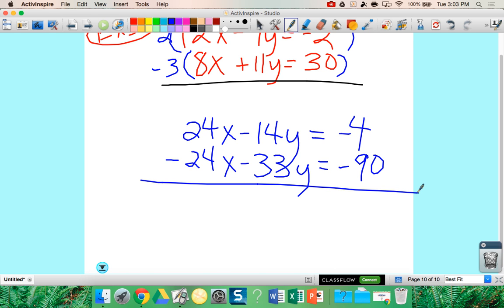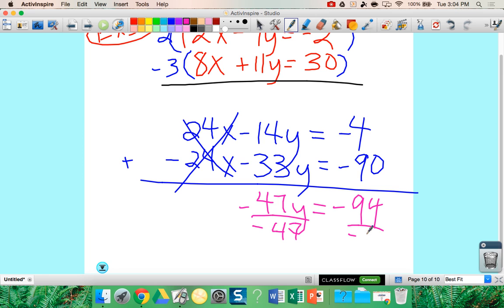Going to add those together. 24x minus 24x is 0. Good. Then -14y plus -33y is -47y. -4 plus -90 is -94. Divide by -47. Y equals 2. I think 2. So I have my y value.